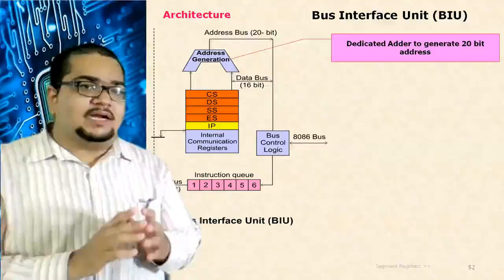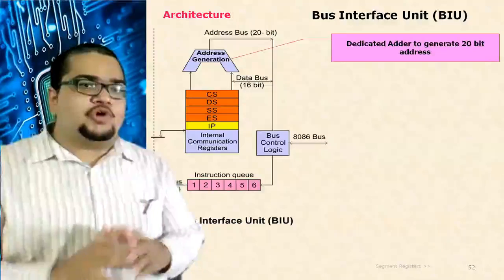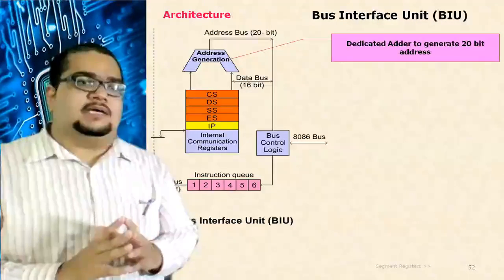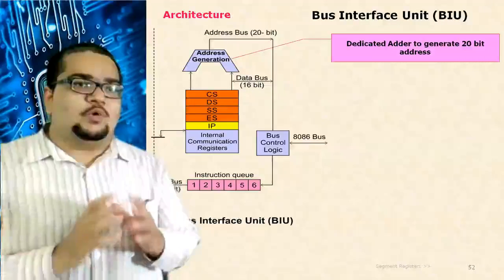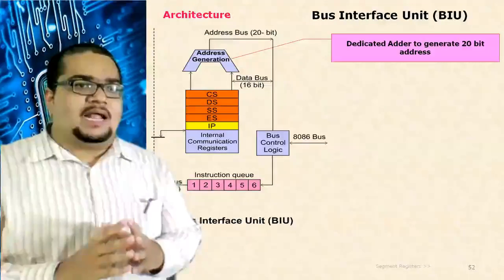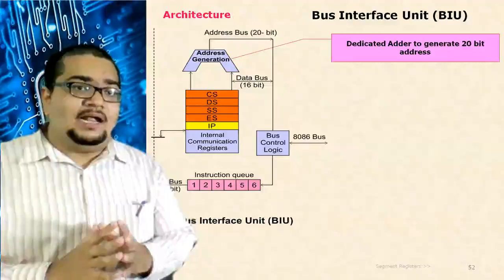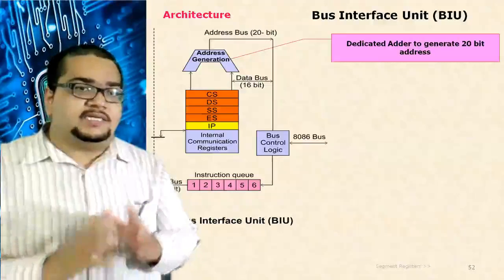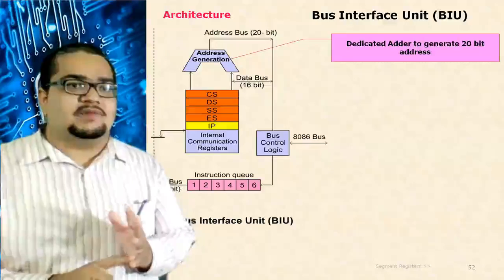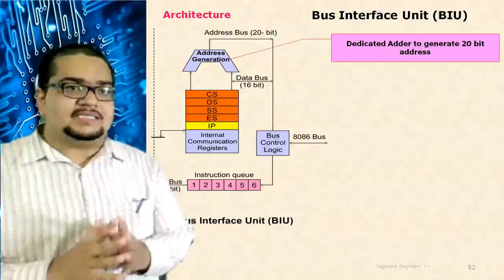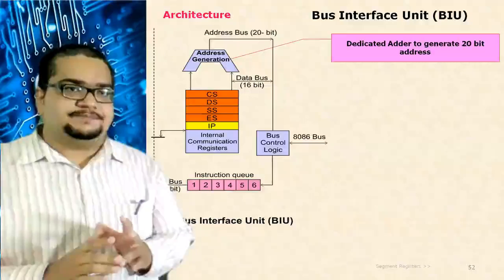Any one of these four contains a segment address, depending upon whether you are accessing code or data. When you are accessing code, meaning program instructions, CS will hold the segment address and IP will hold the offset address. When you are accessing normal data, the data segment register DS will hold the segment address, and SI generally will hold the offset address.